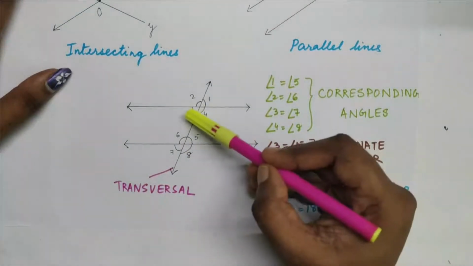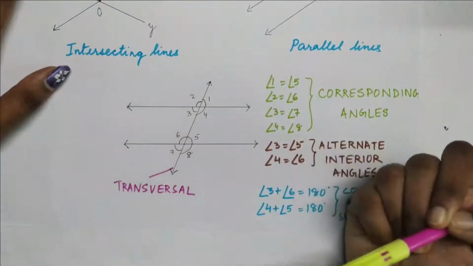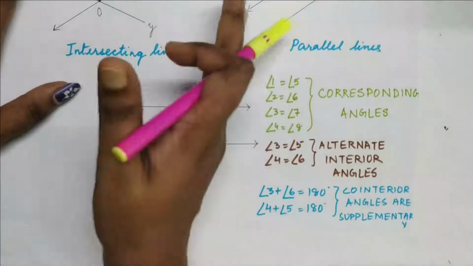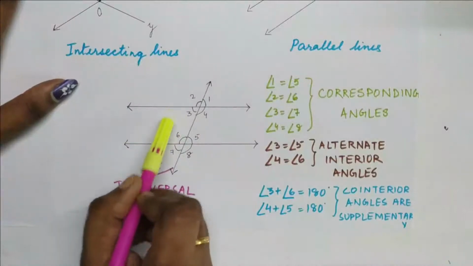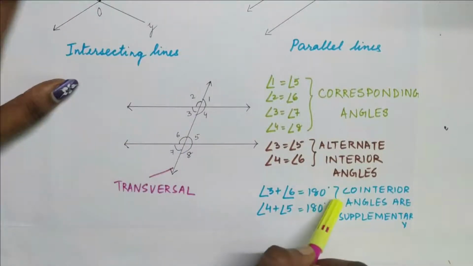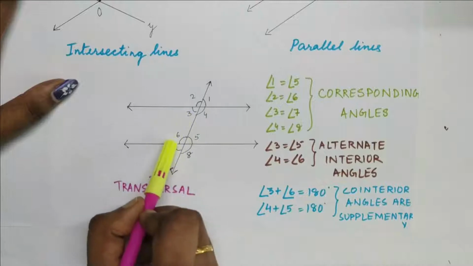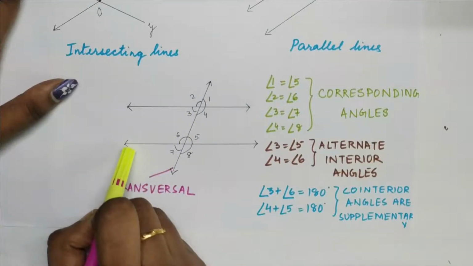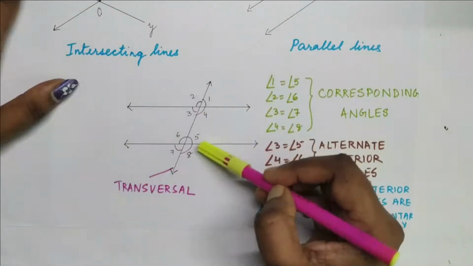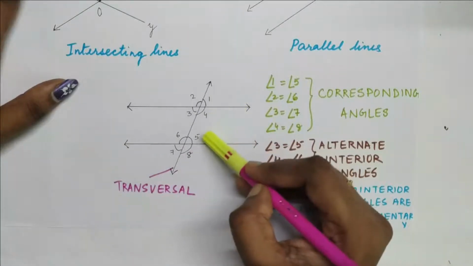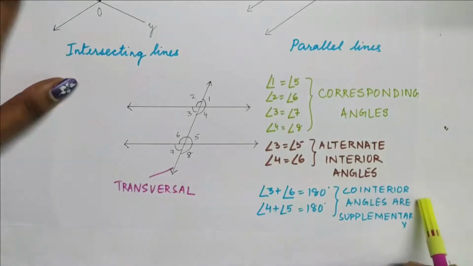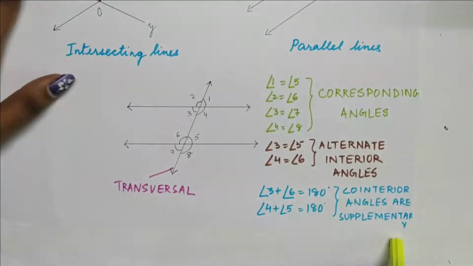And if you see these two angles, angle 3 and 6, they are lying on the same side of the transversal. When you add these two angles, they add up to 180. These are known as co-interior angles and the sum is always 180. Similarly, for these two co-interior angles, angle 4 plus angle 5 will be equal to 180. So we can say that co-interior angles are supplementary.